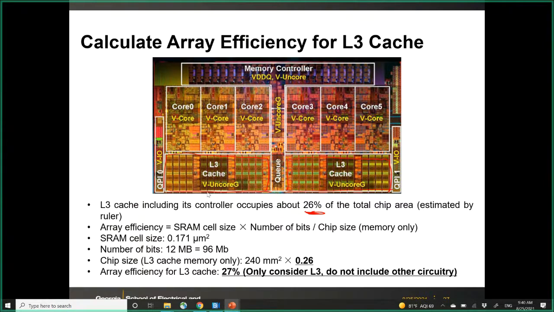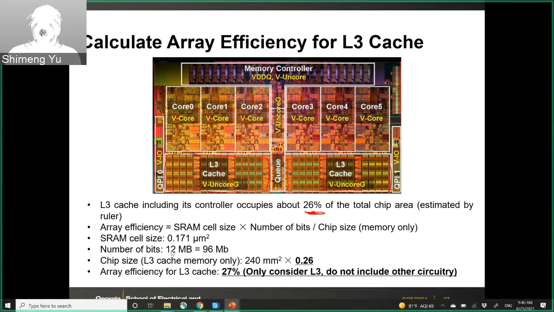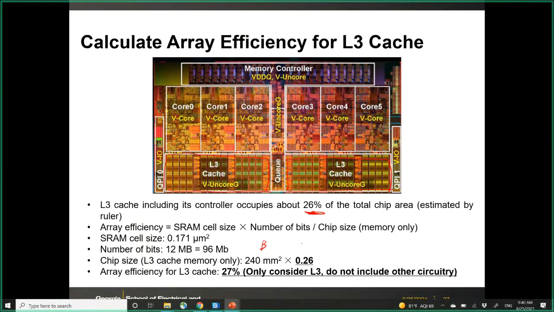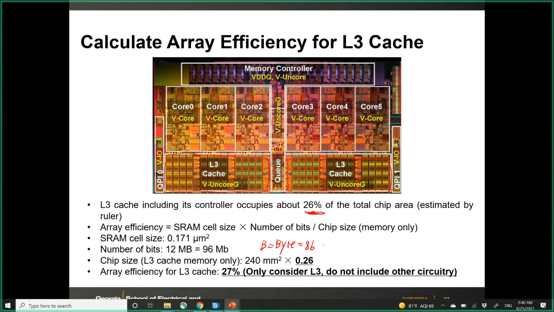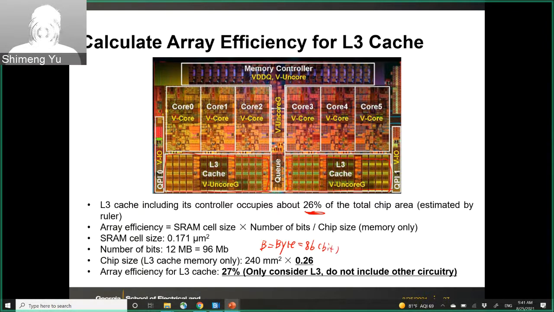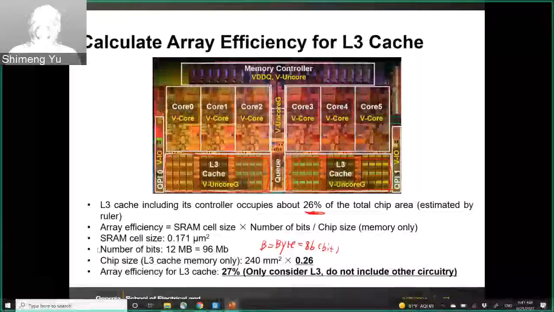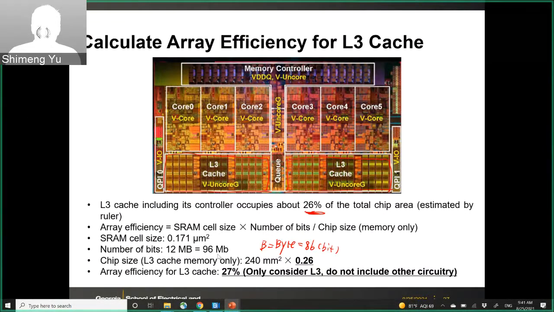And then from the information before, it says this is a 12 megabyte L3 cache. So you need to do a simple conversion, because in this class, 1 byte is 8 bits. So be careful about this big B and small b. So byte equals 8 bits. So 12 megabyte is 96 megabits.